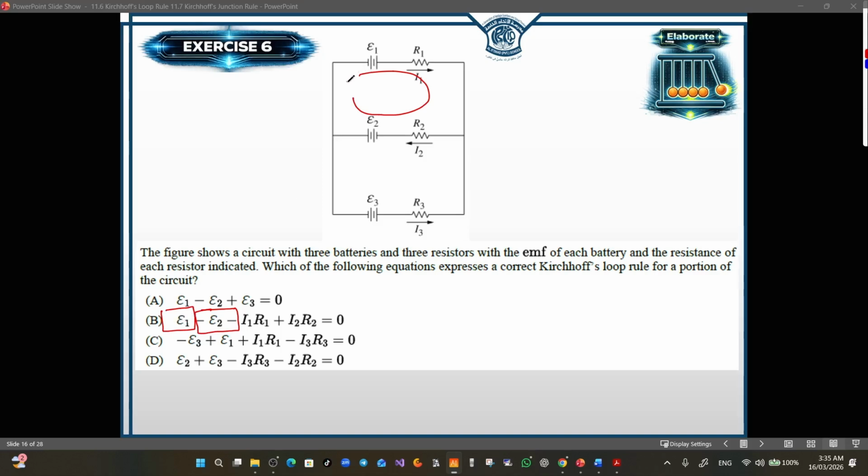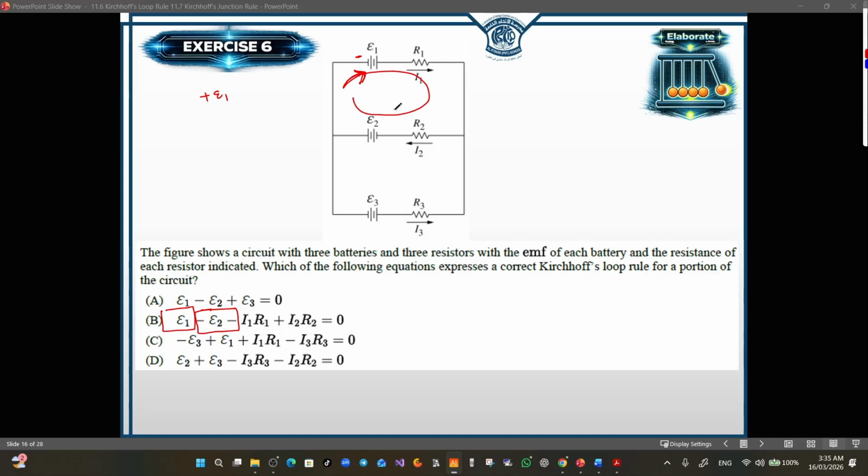This can be done if we are rotating clockwise, because once we rotate and reach the battery E1, we are entering the negative terminal, which means E1 should be written as plus E1. Now let's skip R1 for a while, because if E2 is written with a negative sign, then this would possibly be the correct answer.